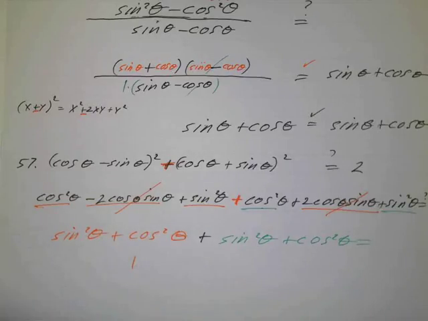And what does this equal to? Well, that equals 1. And what's this equal to? 1. And what's 1 plus 1? 2. And there's your check. There's your verification. 1 plus 1 equals 2. And that's 57. Okay? Hope that helps.